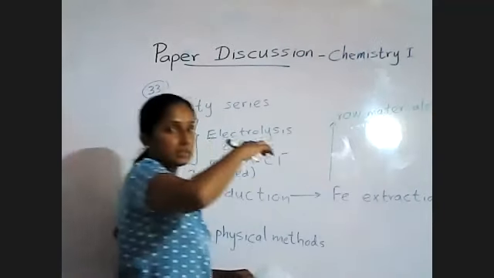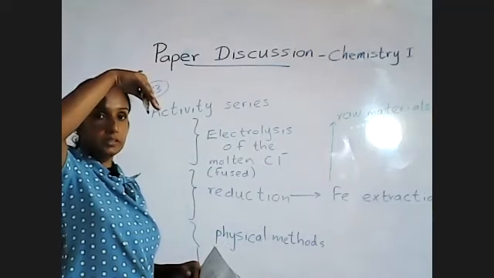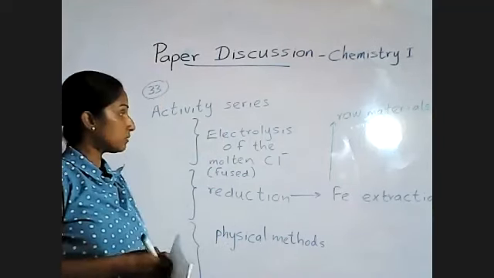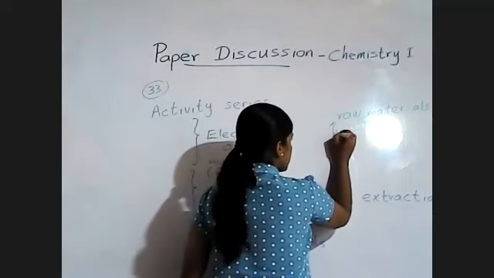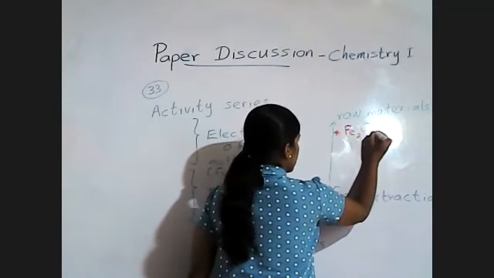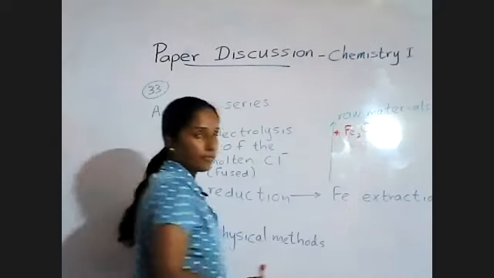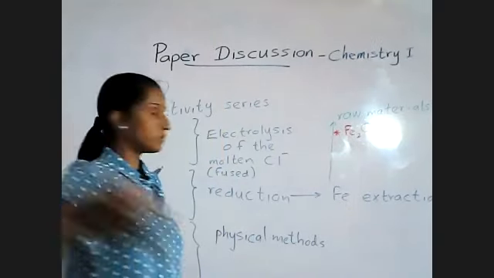That means what are the substances we add from the top of the blast furnace? As the main raw material, we use hematite. That is the source of iron.